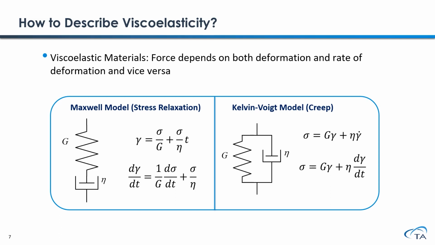This model is commonly used to describe a viscoelastic material's stress relaxation behavior. The second basic model is called the Kelvin-Voigt model. This model places one spring and one dashpot in parallel, and it is typically used to describe a viscoelastic material's creep behavior.